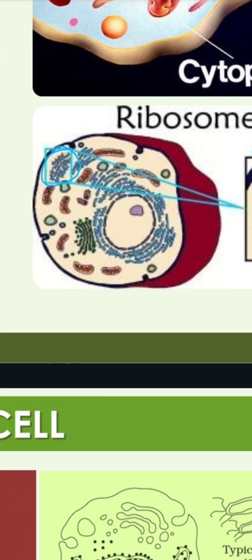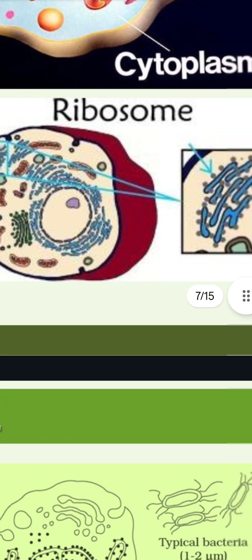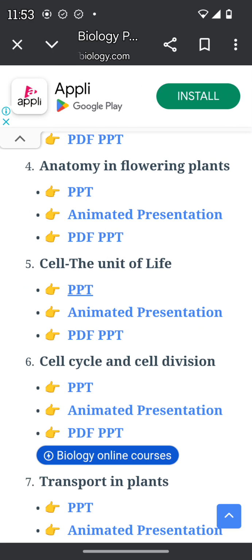They may be in the endoplasmic reticulum, or floating in the cytoplasm itself, or in the chloroplast. Now I'll zoom in on the structure, and you can see some dot-like structures. These are called ribosomes.